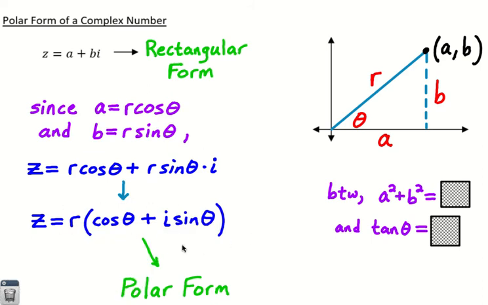When you think of a complex number that's in polar form, you should think of this right here: R times the quantity cosine theta plus I sine of theta. And yes, by the way, since A and B are like X and Y, A squared plus B squared would be R squared. And the tangent of theta would be like, what? Y over X? Same thing.